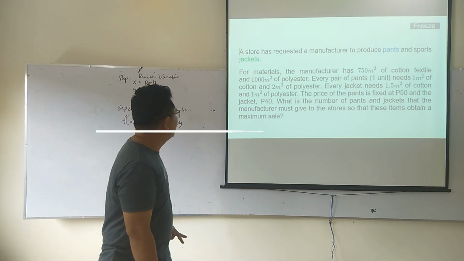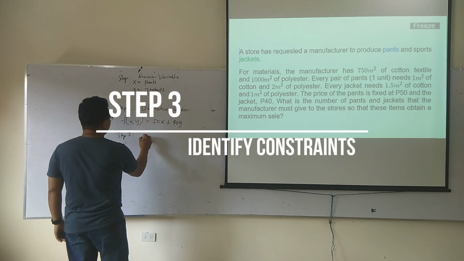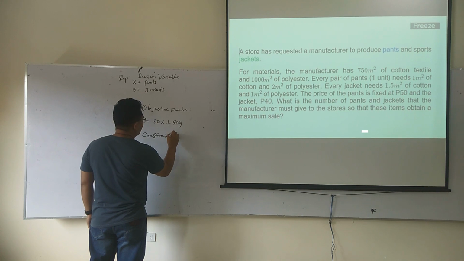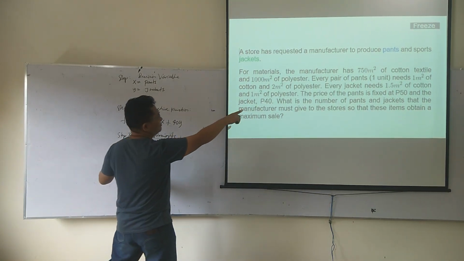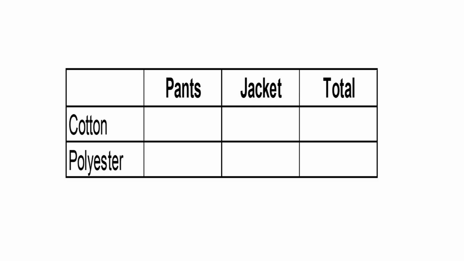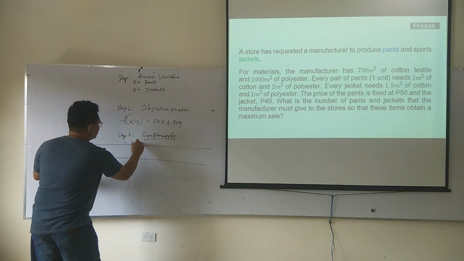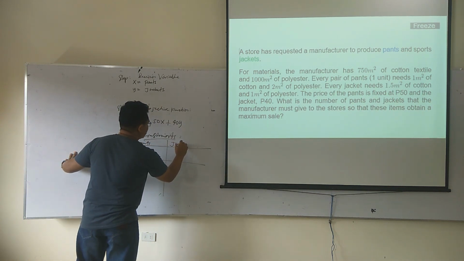Step 3, identify the constraints. So what are our limitations? We have cotton, which we will be using for pants and for jackets.